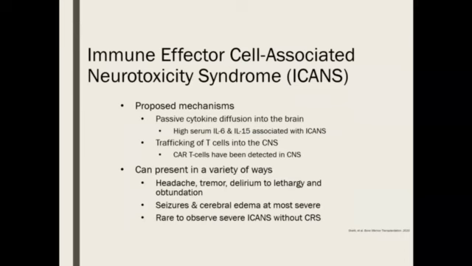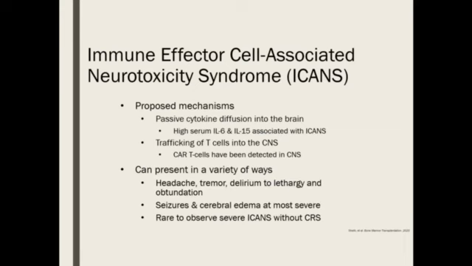Immune effector cell associated neurotoxicity syndrome, also known as ICANS, is the very elegant name used for the neurotoxicity. The proposed mechanism is here on the slide: passive cytokine diffusion into the brain. We know this because higher serum levels of IL-6 and IL-15 have been associated with ICANS.